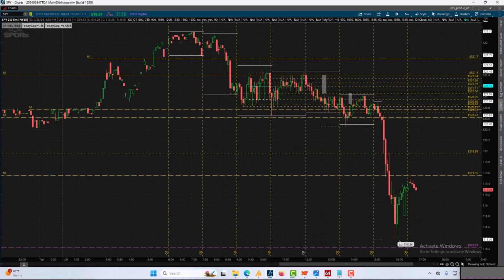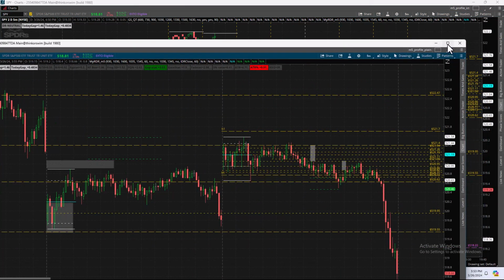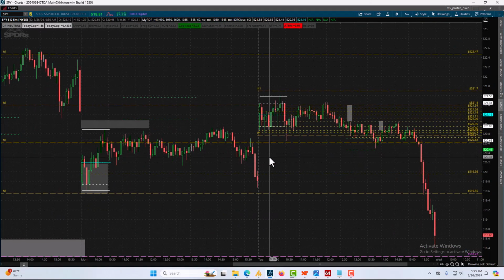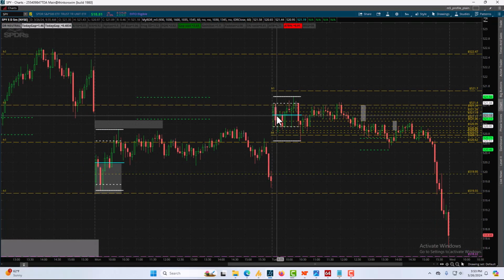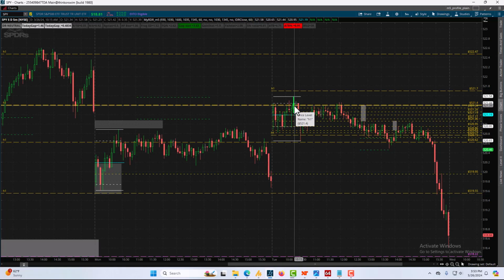But if we use the chart that just uses regular trading hours only, you can see the gap up, and then you see the swing right here at 9:30 all the way until 10:15.